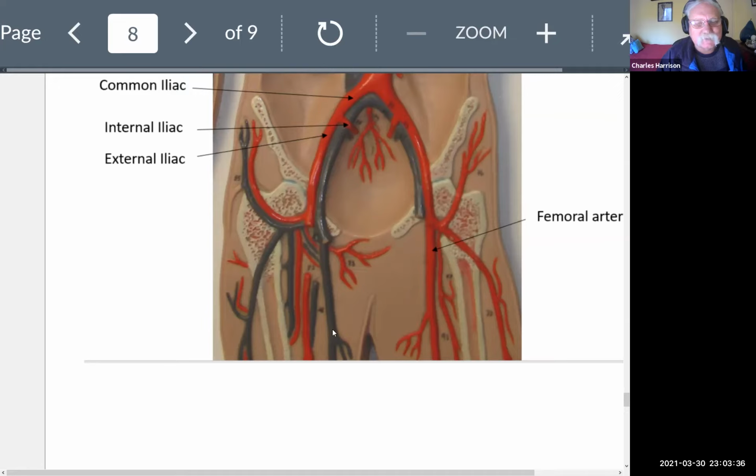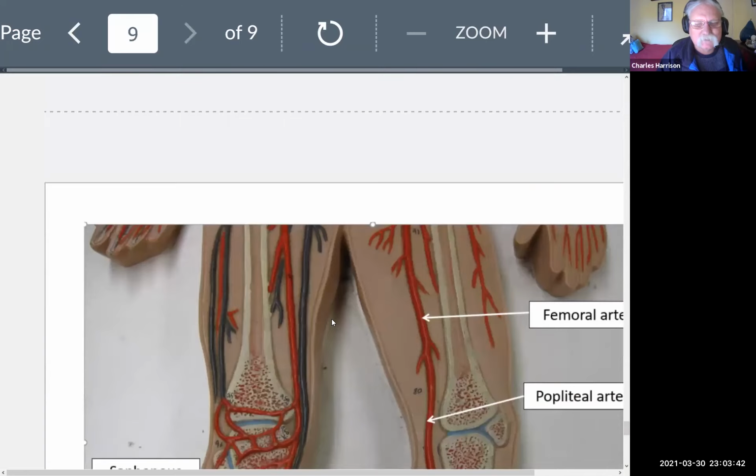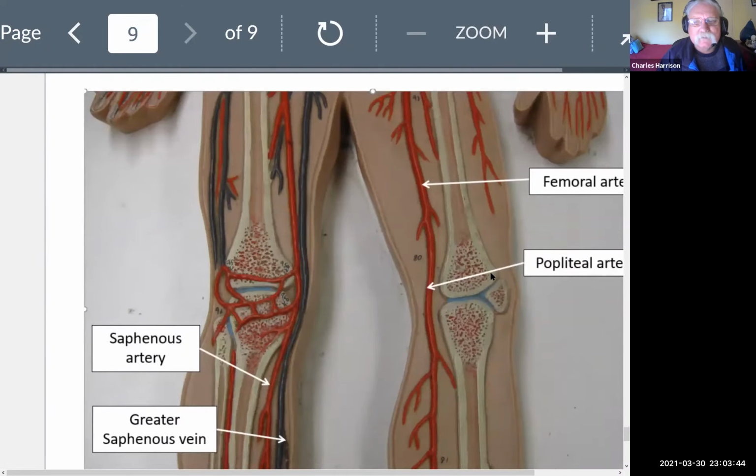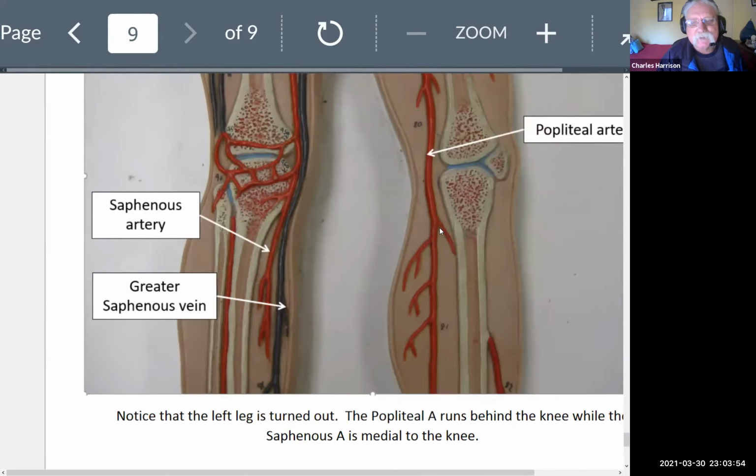This is the vein. Femoral artery again until it splits, becoming popliteal and saphenous artery.